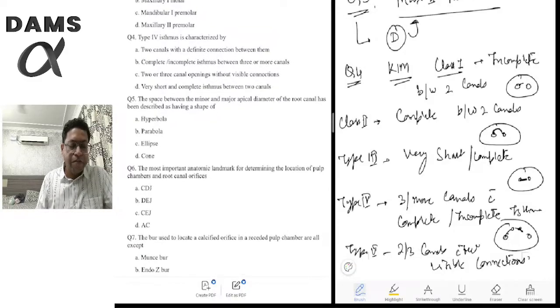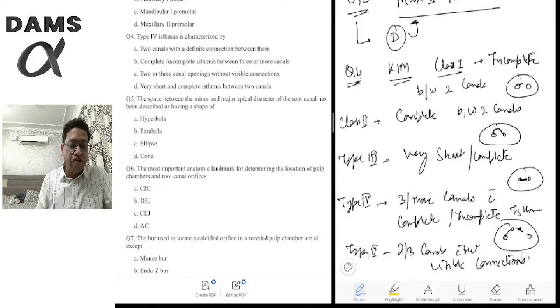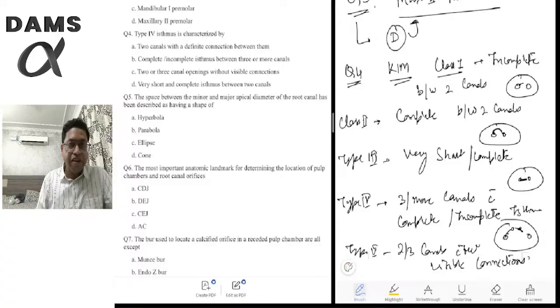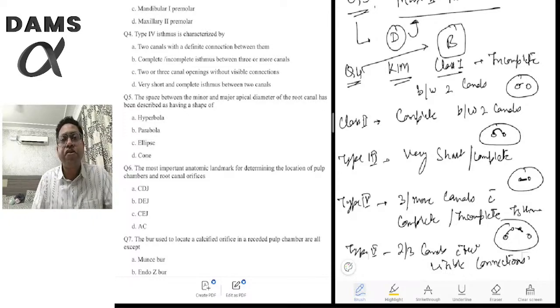No. Complete or incomplete isthmus between 3 or more canals? Yes. 2 or 3 canal openings without visible connections is type 5, and very short and complete isthmus is type 3. So the answer to question number 4 is option B, a complete or incomplete isthmus between 3 or more canals.